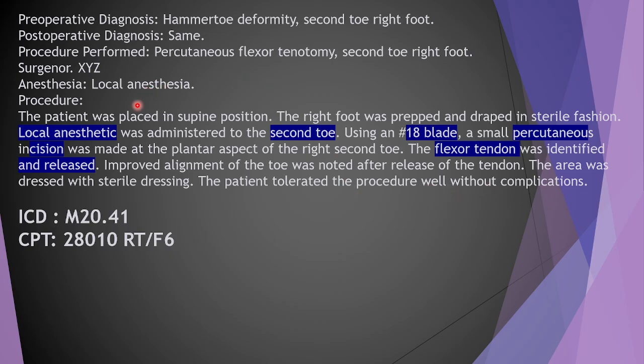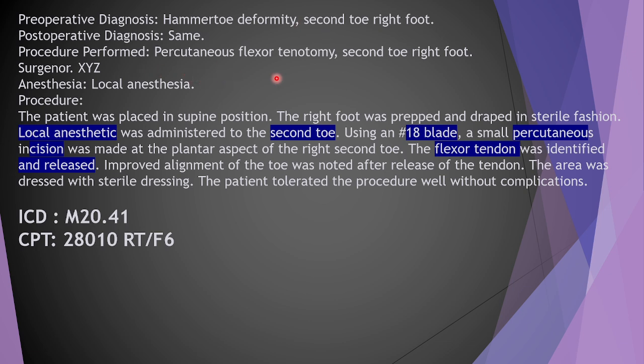So here the main key points are these. First, location: the location is right second toe. The second key point, which type of approach, open or percutaneous? Here a small percutaneous incision has been performed. The third, which type of tendon? Flexor tendon. And what is done? Release has been done. So here the diagnosis is hammertoe deformity.